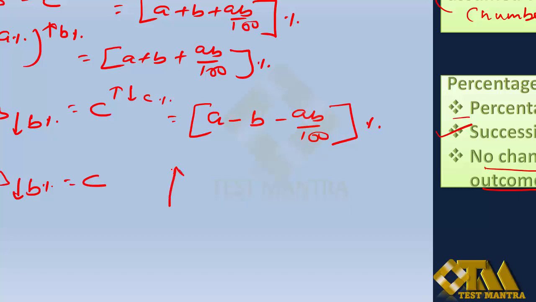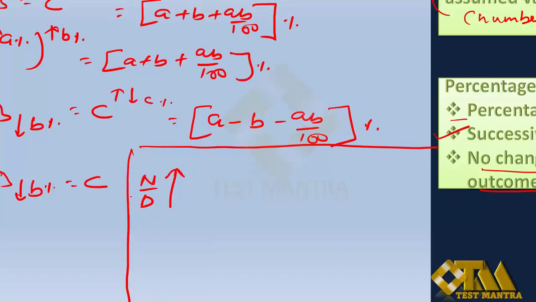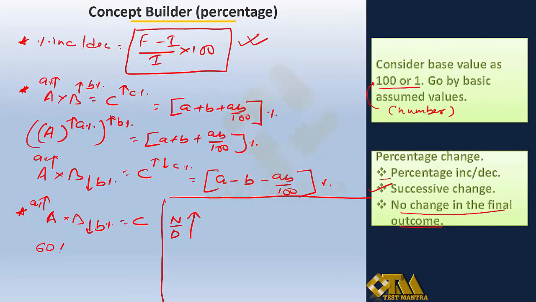If the percentage increase is given, I'll mark this in terms of numerator by denominator. Obviously any percentage value can be written in terms of a fraction. Let's say 60% is the value given. So I can write 60% as 60 by 100, or 3 by 5, right? So it can be written in terms of a fraction.